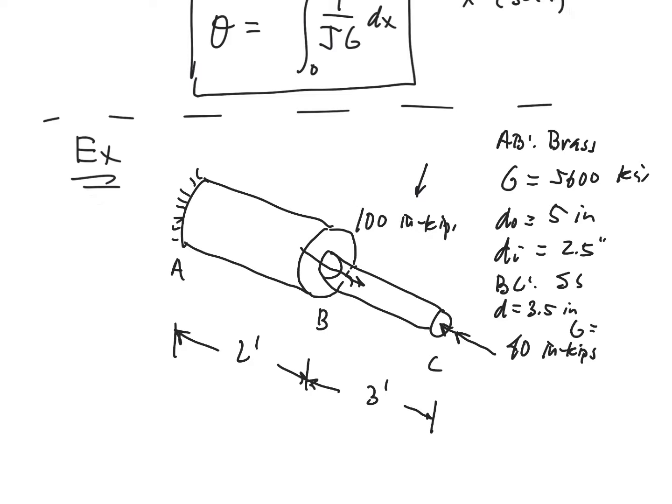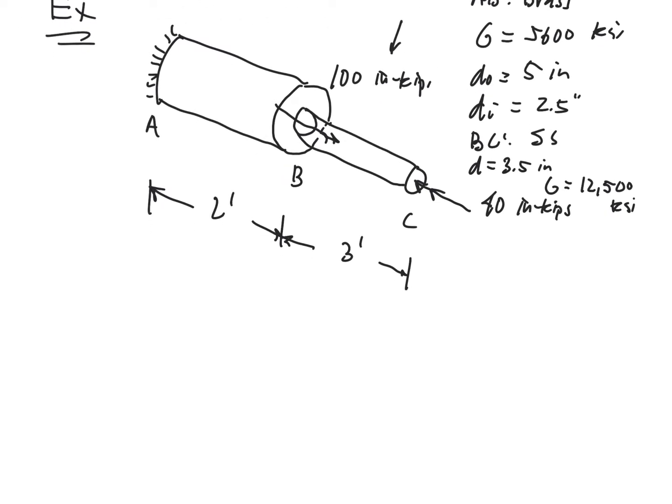G is 12,500 KSI. Sorry to cram that in there. So BC is a little bit stiffer, and what we'd like is to find the maximum shear stress anywhere, so find tau max. We also want the angle of twist at B and the angle of twist at C.